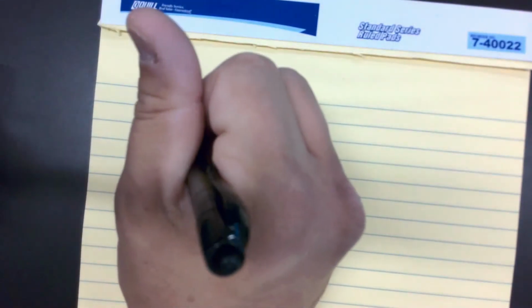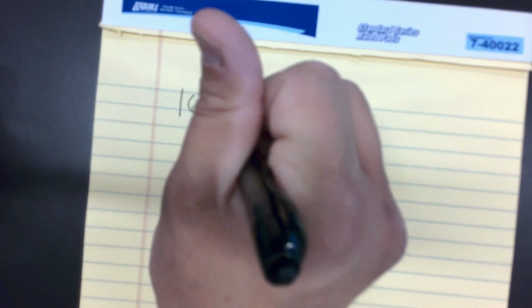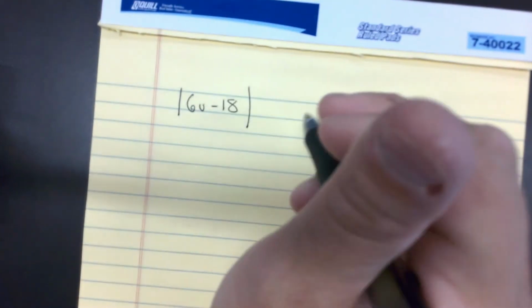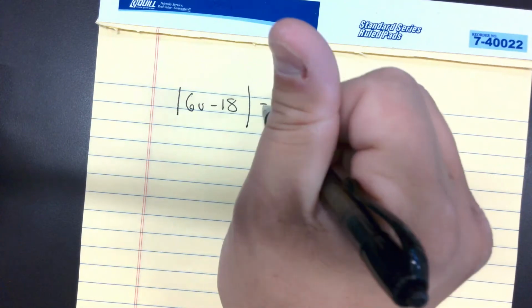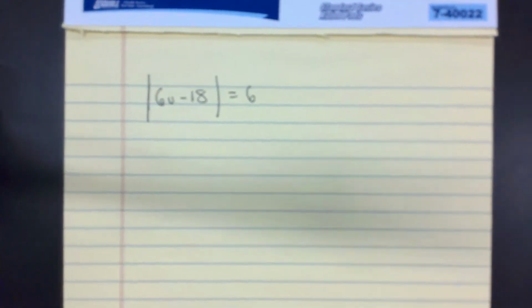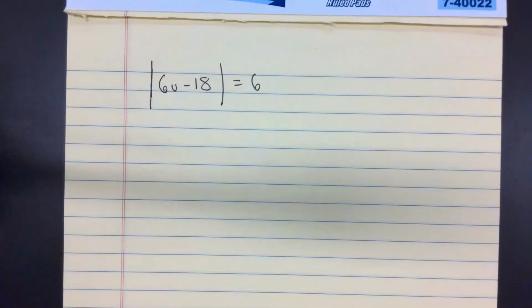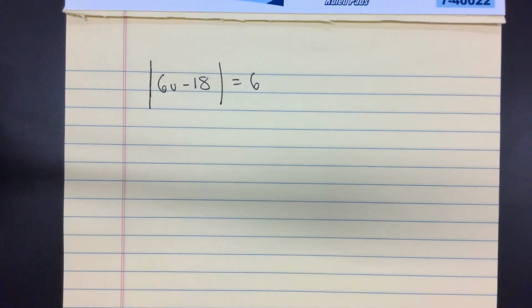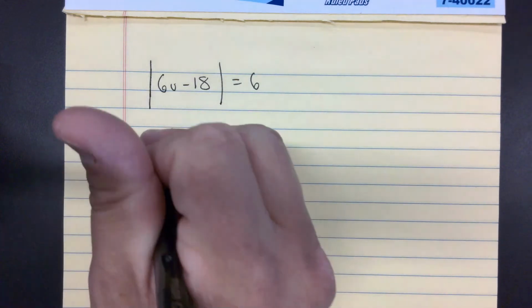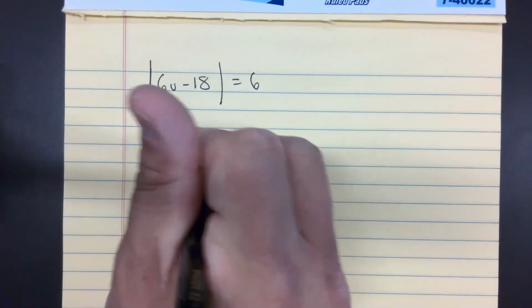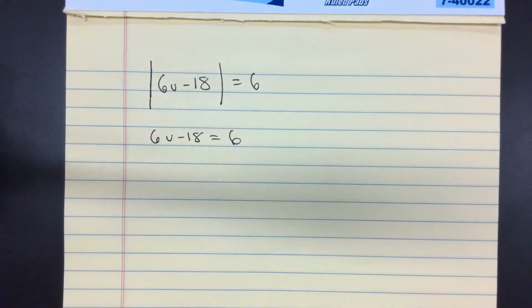What about if we had this? The absolute value of 6u minus 18 equals 6. Okay, so you're going to write out two different equations, right? Because in order to have two different solutions, you have to have two different equations. The first equation, you're going to write it the exact same way it looks above.